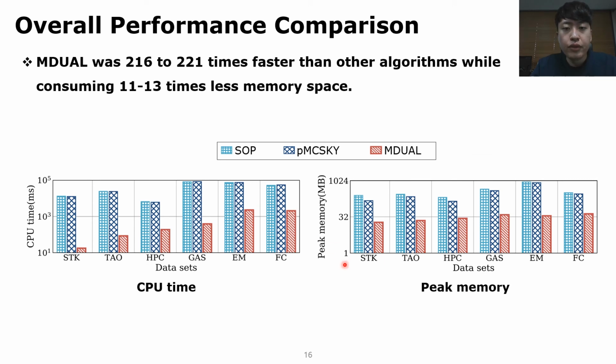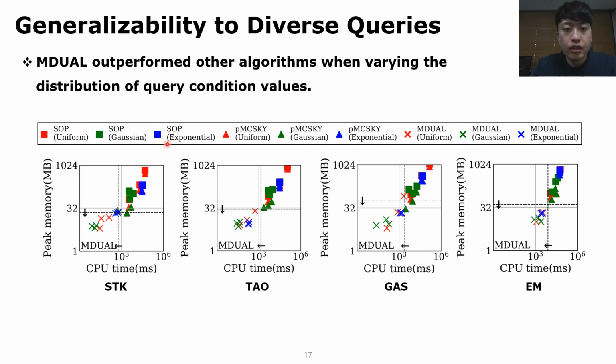So the overall performance comparison shows that compared with the two state-of-the-art algorithms, our algorithm achieves less processing time and less memory consumption when processing multiple and dynamic outlier detection queries. And also for different types of distribution of core condition values, our algorithm achieves less memory and less processing time for these different experiment settings.